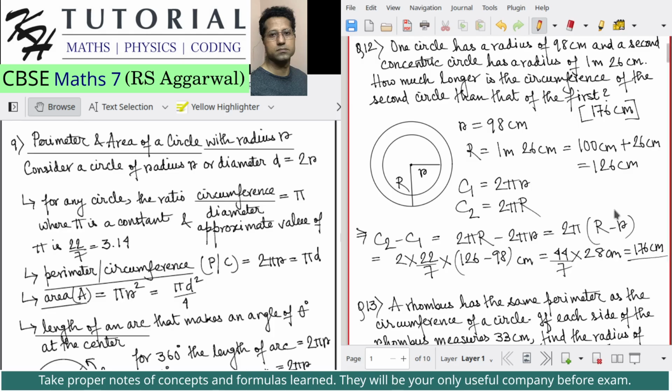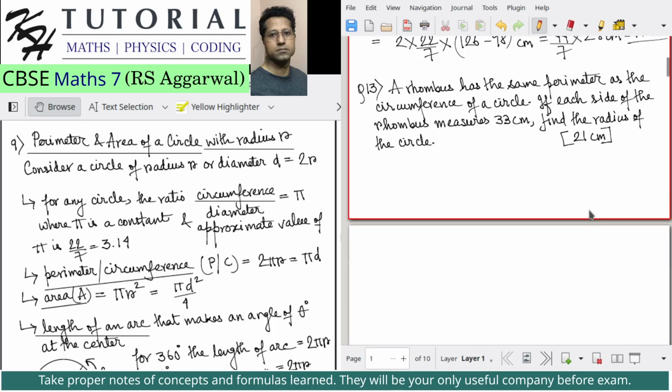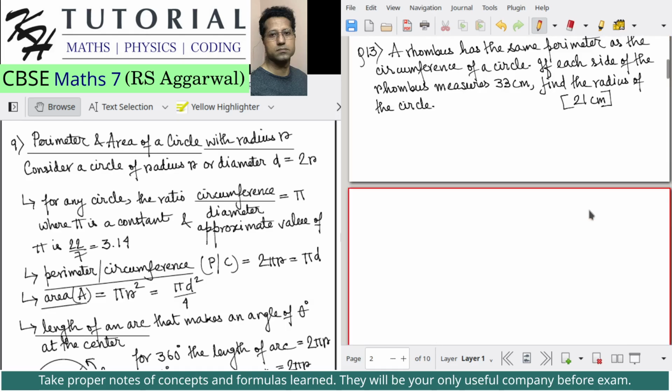Okay, let's see the next problem. Question number 13. A rhombus has the same perimeter as the circumference of a circle. If each side of the rhombus measures 33 centimeter, find the radius of the circle. So each side of the rhombus is given. From that we can easily find its perimeter, which is 4 times the length of side of a rhombus.